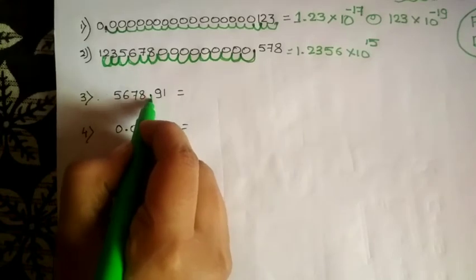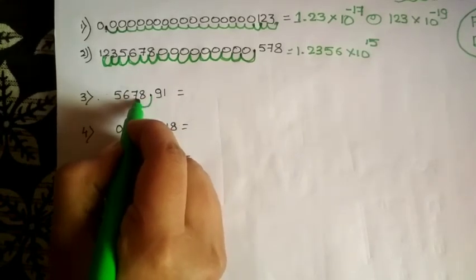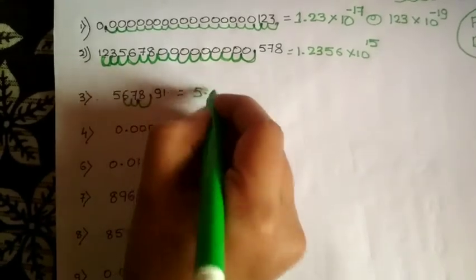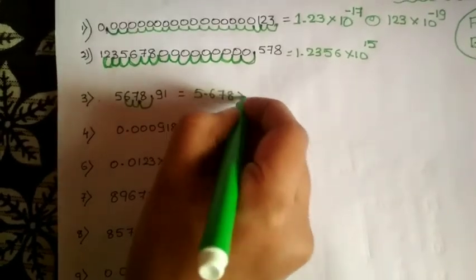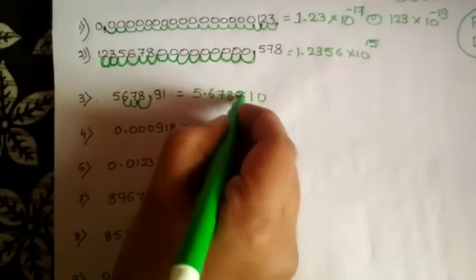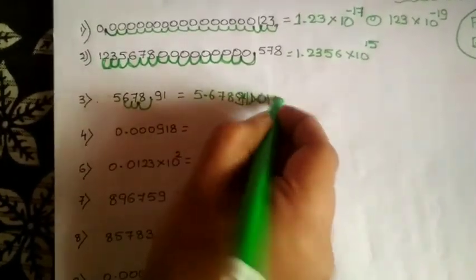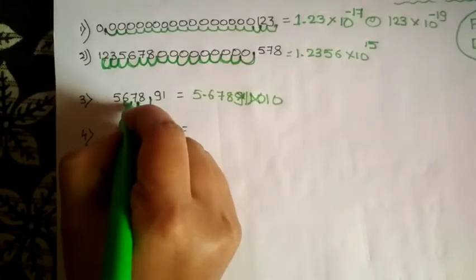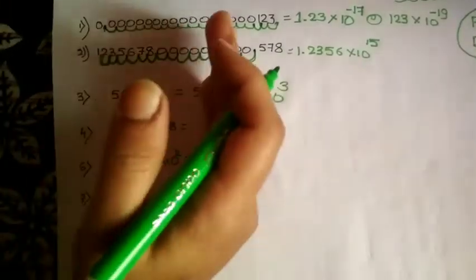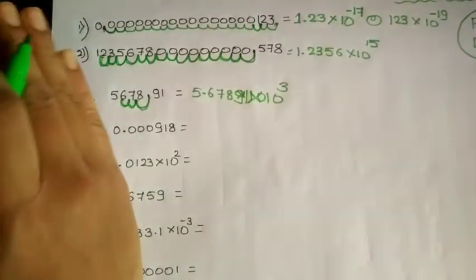How many places? I can stop here, no problem. 1 2 3. So 5.678891 also you can write here, 91 into 10 to the power of 1 2 3, 10 to the power of plus 3, dear students, because I am moving the decimal point backward.